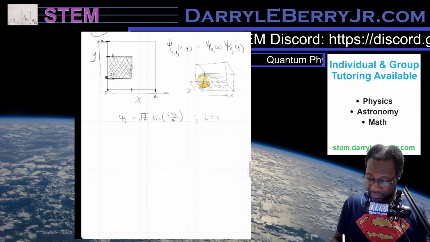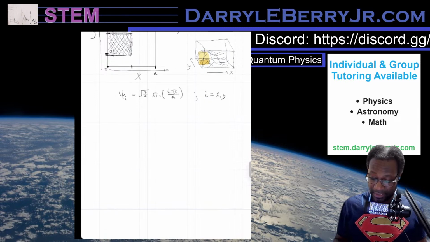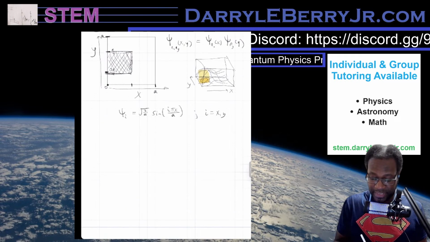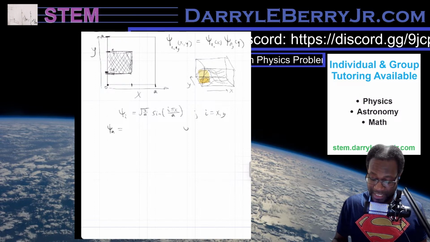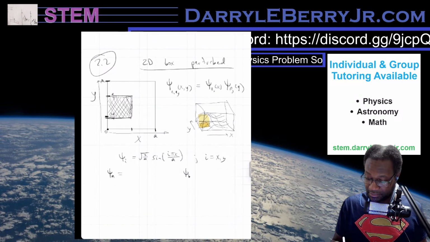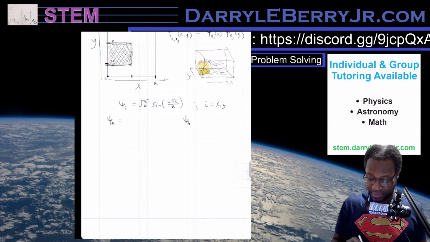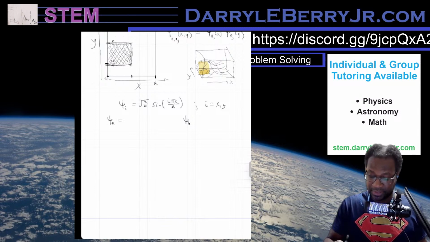So i will be either x or y, and this is going to be our function. And the way it works is we have psi a and we have psi b. So if I was to back up a little bit, we could look at this several different ways.